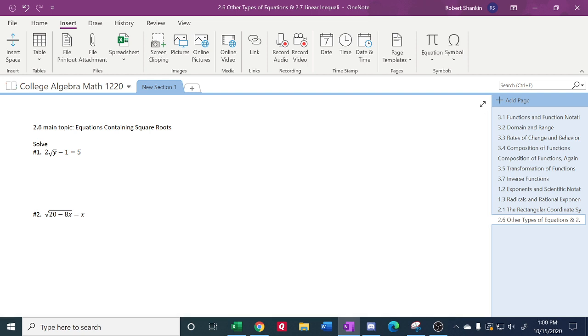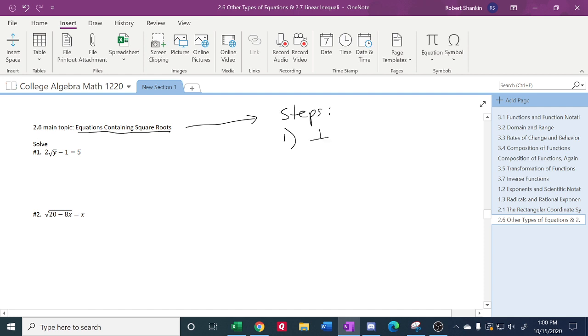All right. Now, if an equation contains a square root, we have steps. The first step is, well, what's the first thing that I would do over here? Would I square both sides to get rid of that square root? Well, not until I get that square root by itself.